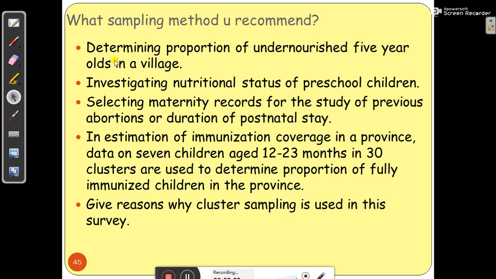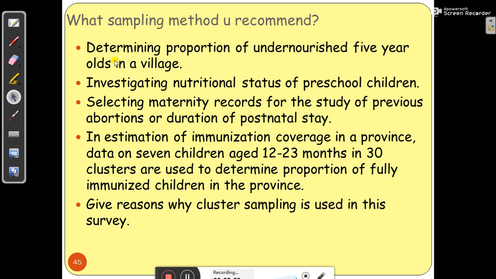You can understand if you read this slide. Suppose you need to determine the proportion of undernourished 5-year-olds in a village, or investigate the nutritional status of preschool children, or select maternity records for the study of previous abortion or duration of postnatal stay.